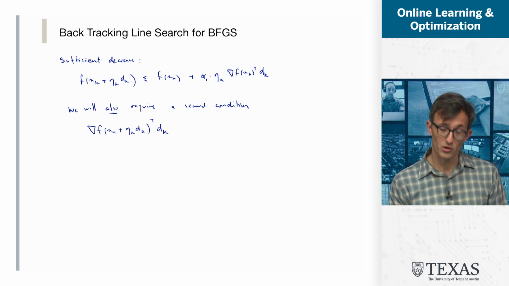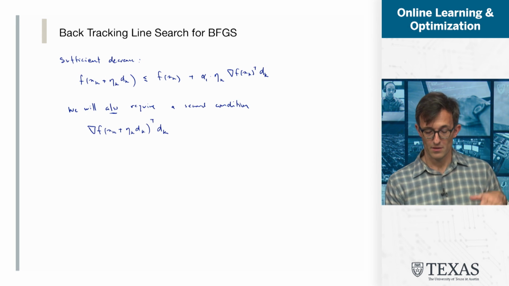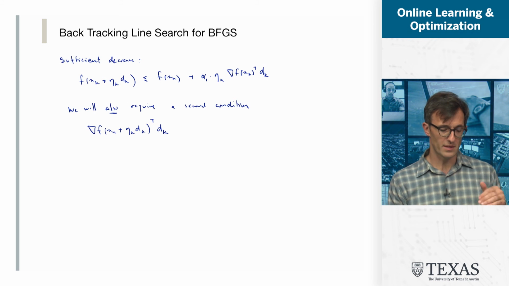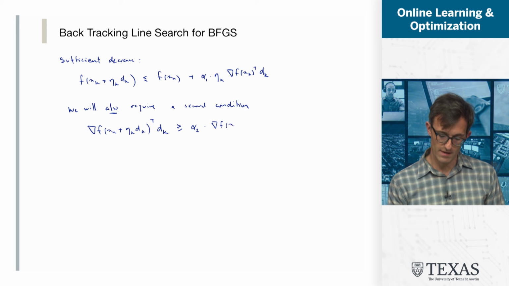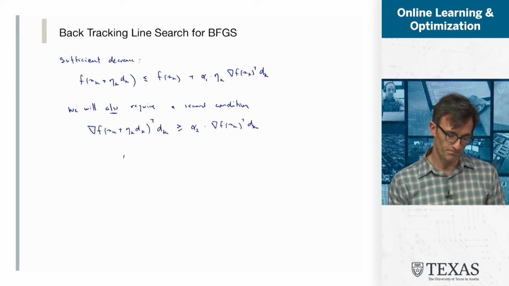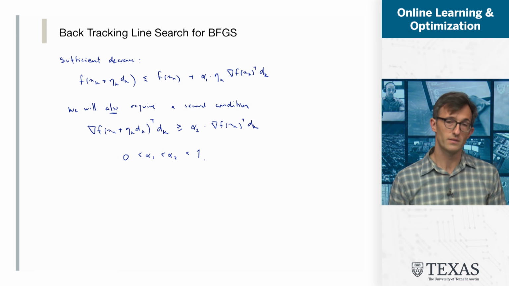It's saying the steepness in the direction that we're going is greater than alpha 2, some other constant, times the gradient of f of xk dk, where alpha 1 and alpha 2 are between 0 and 1.